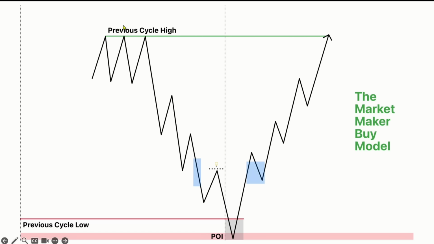The previous cycle high was the original consolidation's high. The higher time frame order flow is bullish and we're anticipating higher prices. Then our new cycle opens up right here at this time. The market drops lower, taking out the previous cycle low, trading into our point of interest, and we begin to see the signs present that confirm to us that a smart money reversal is in.